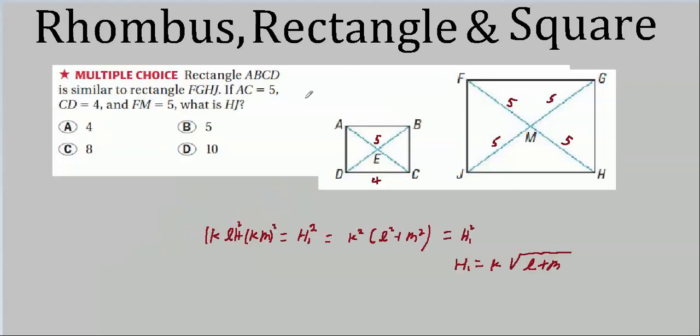Well, in this problem we're given that these two triangles are similar, and then we're given the two diagonals. Do the diagonals follow exactly the same similarity ratio as the rectangles? I think we may have already proven that they do, but suppose we hadn't.